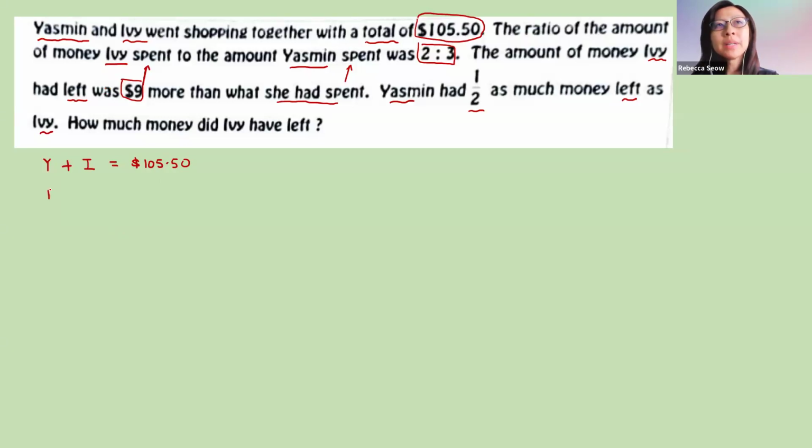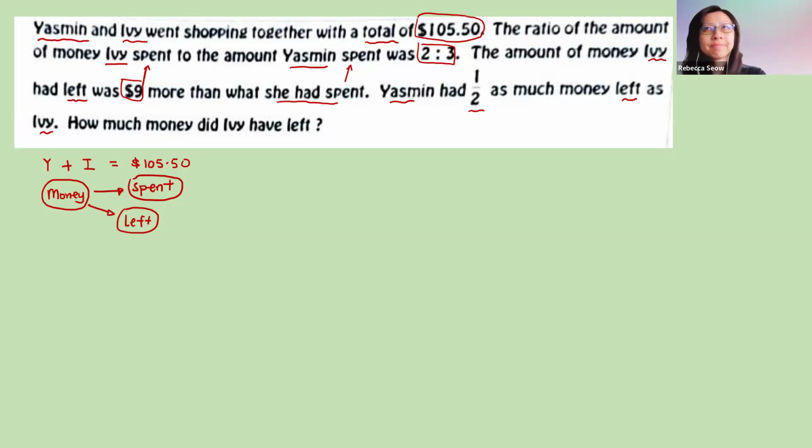So in terms of money, it can be broken down into 2 parts: money spent as well as money left. This is for both Yasmin and Ivy. With these thoughts in mind, let's see how we can solve this question.